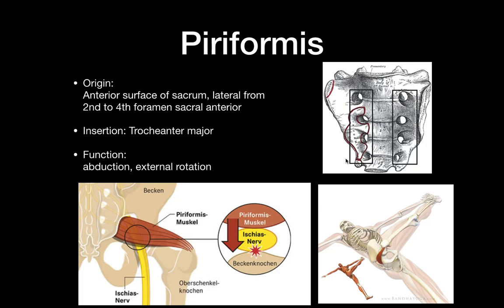And I also want to talk about one thing in this muscle, which is the piriformis syndrome. The piriformis syndrome occurs when this muscle is not really used a lot, when the person is not used to moving a lot or sits on the sofa a lot. This muscle will get tense, and right underneath this muscle passes a really big nerve called the ischiatic nerve, which supplies the muscles of the leg with nerves.